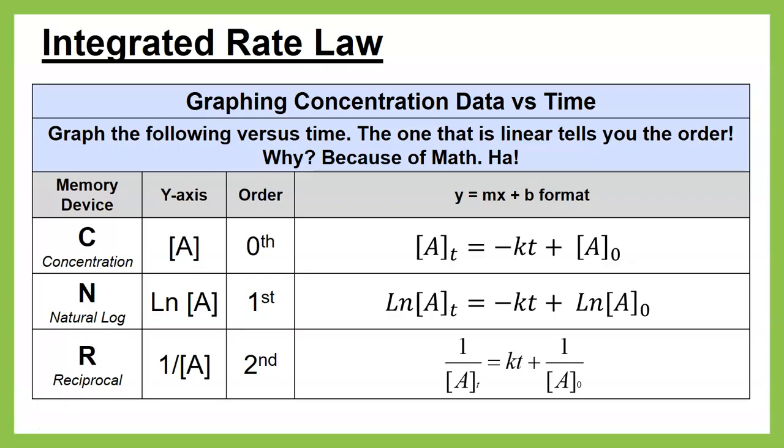So when you graph these things versus time, you are looking to see how close is your plot to that perfect y equals mx plus b. These may look horrible, but if you break it down, you can see here is y, m, x plus b.